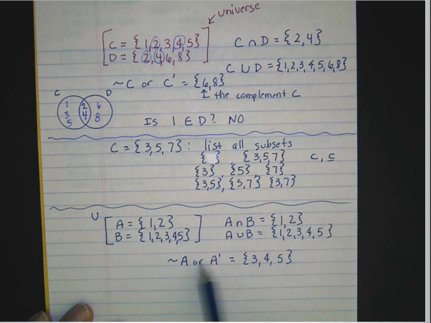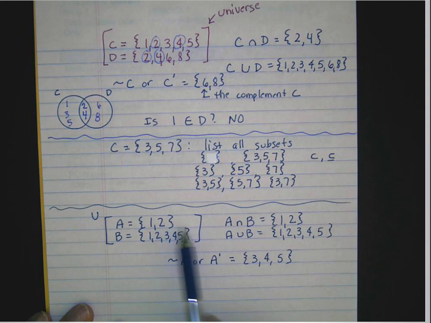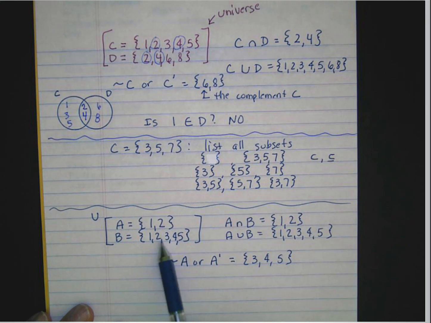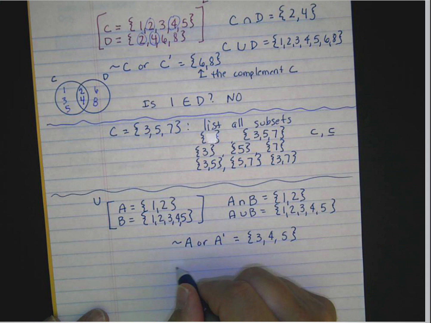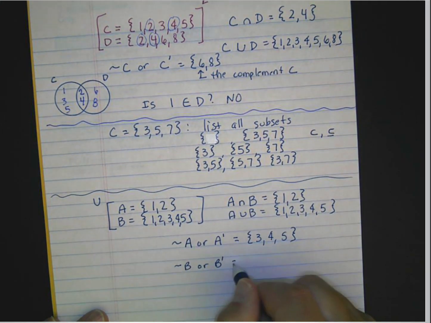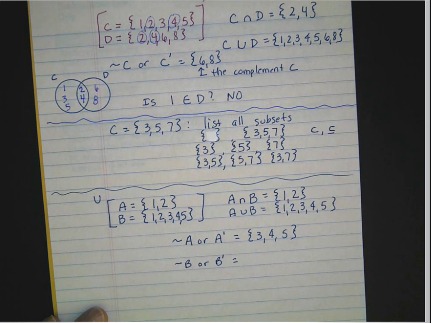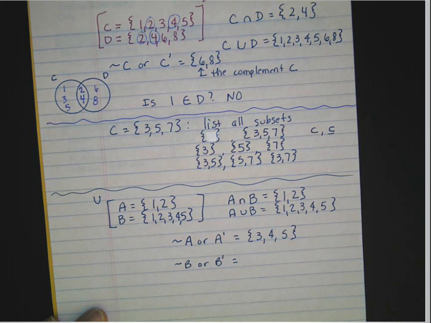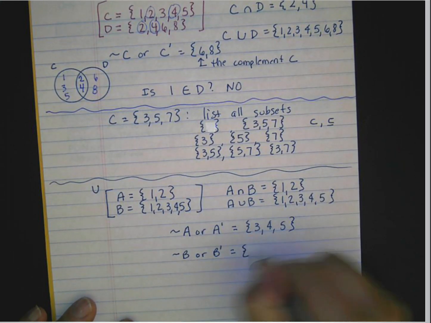So not A, or the complement of A. That would be everything that's not in A that's in my universe, which would be 3, 4, and 5. Okay. What about not B? What about the B prime, or the complement of B? What's in my universe but not in B? Yeah, everything's in B. So the answer to this would be my empty set.